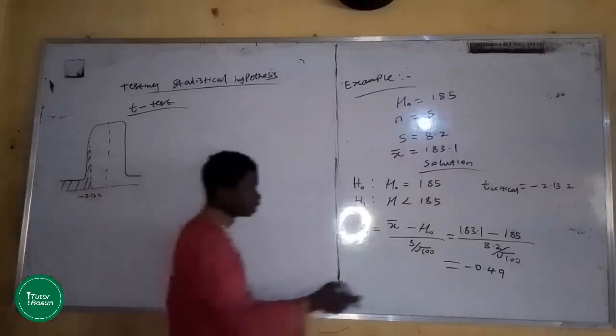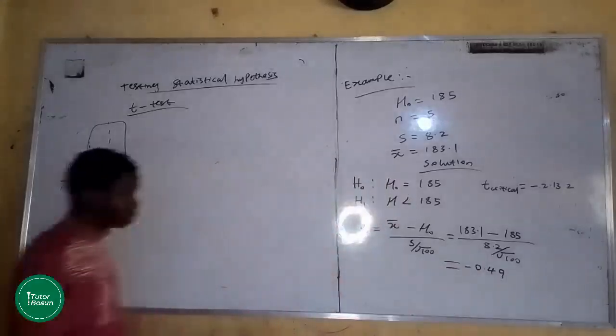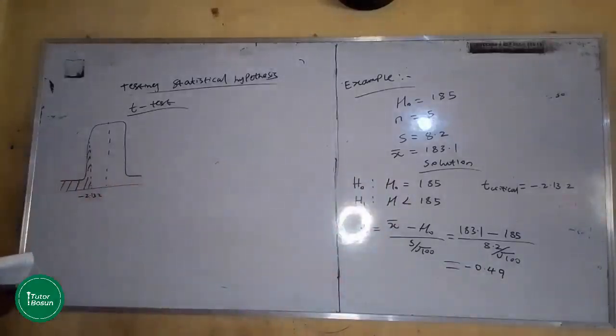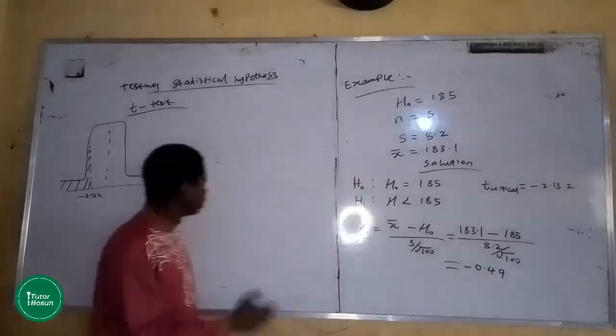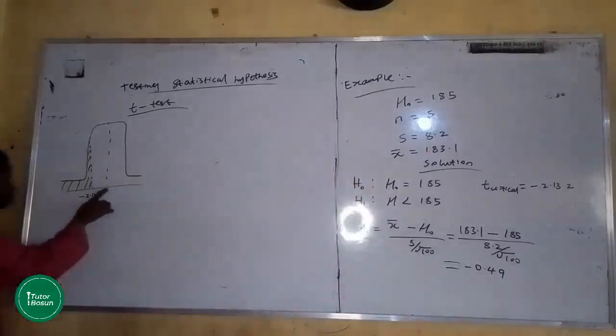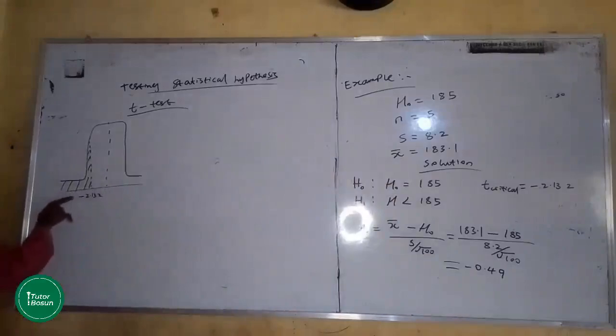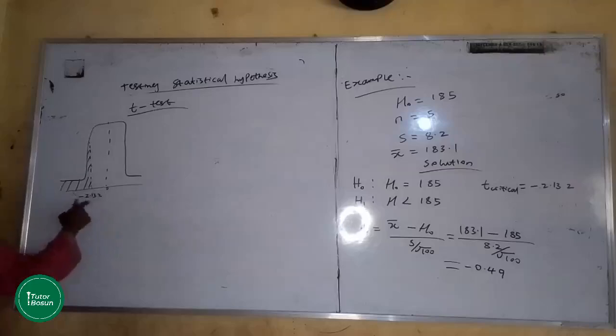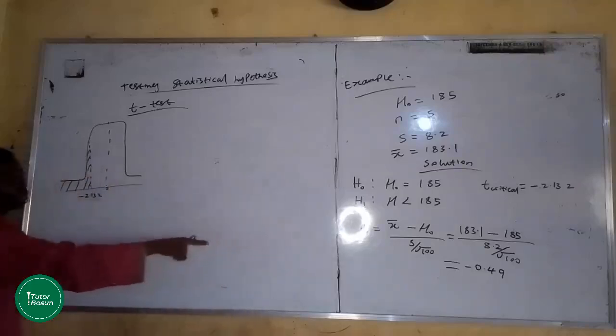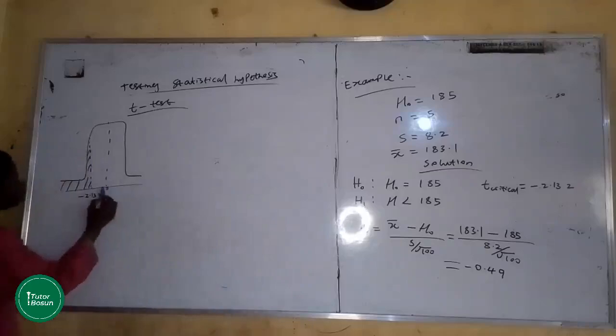So let's check. Does it fall within that region? Minus 0.49 is greater than minus 2.13 because this is 0. Before you get to minus 2.13, you pass through minus 0.49. And minus 0.49 will be within this region.